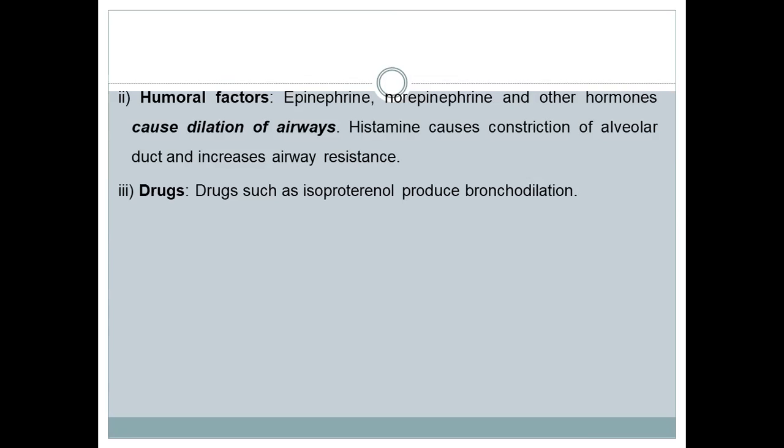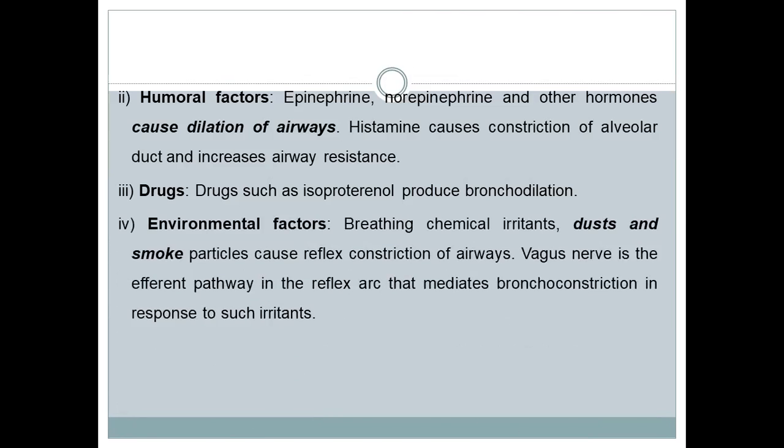Suppose I'm giving an example, asthma, where you have constriction. Here you have to give the drugs which cause bronchodilation. That will decrease the airway resistance, so very easily the process of respiration can occur with less resistance.